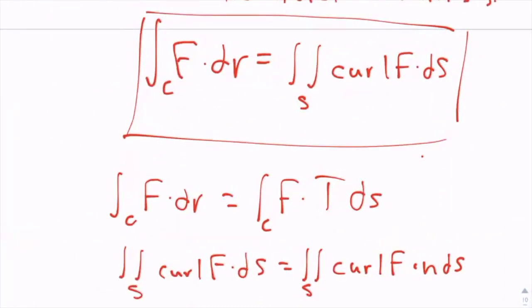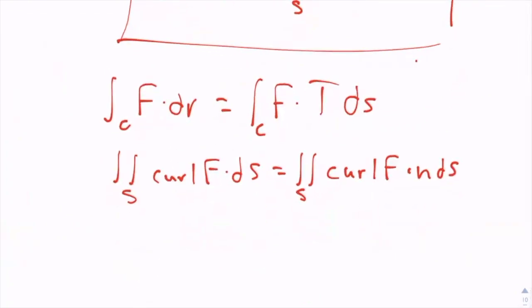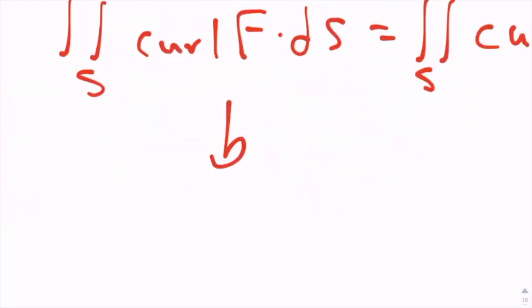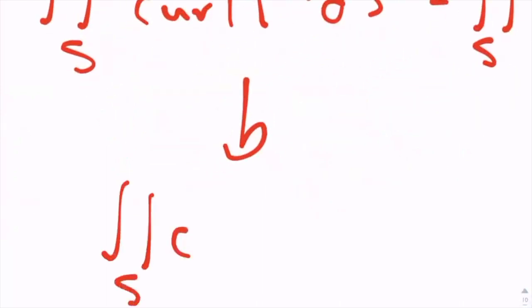And basically what Stokes' theorem says is that the line integral around the boundary curve of S of the tangential component of F is equal to the surface integral over S of the normal component of the curl of F. And once we know this, the positively oriented boundary curve of the oriented surface S can be written, we can simplify it to boundary of S, the del S notation.